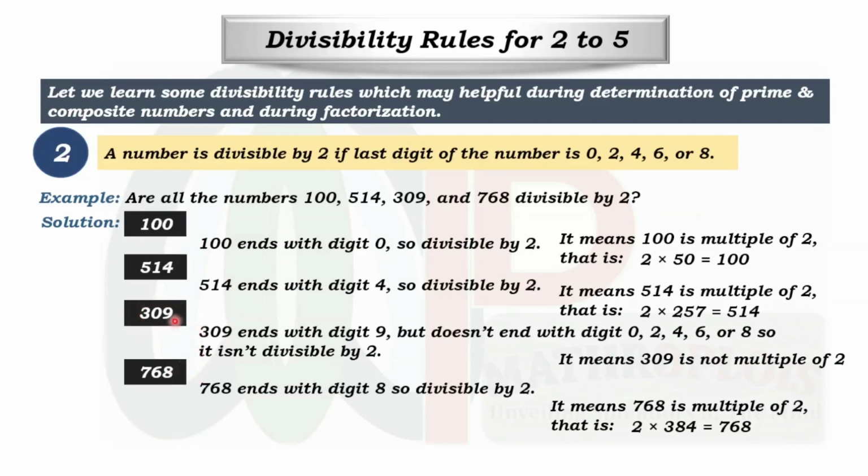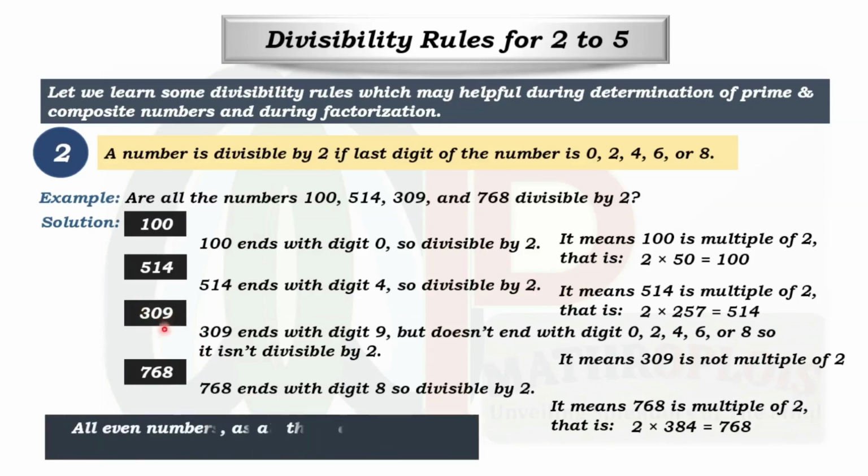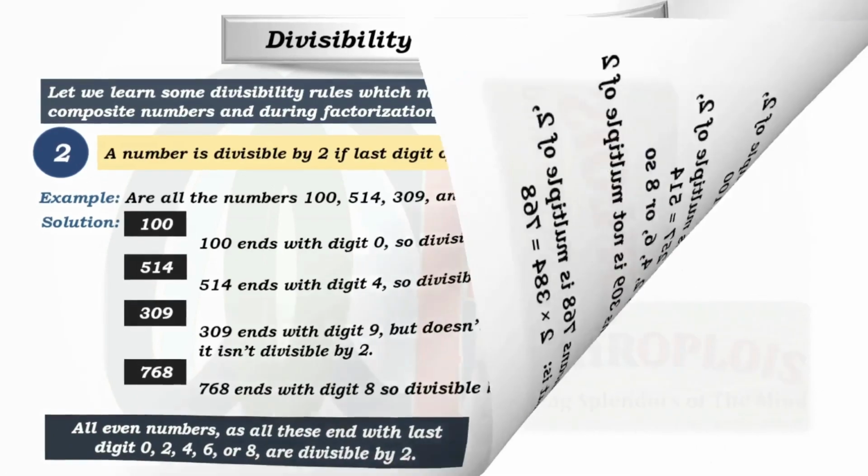Whereas the number 309 ends with last digit 9 and is not divisible by 2. We can also say that all even numbers, as all these end with last digit 0, 2, 4, 6, or 8, are divisible by 2.